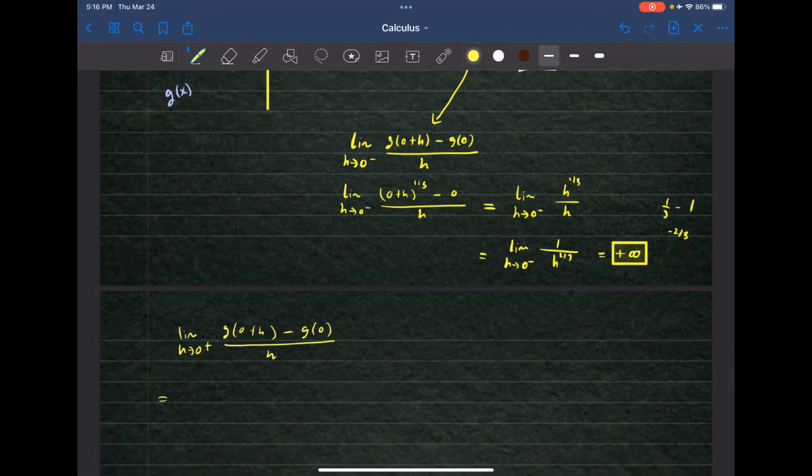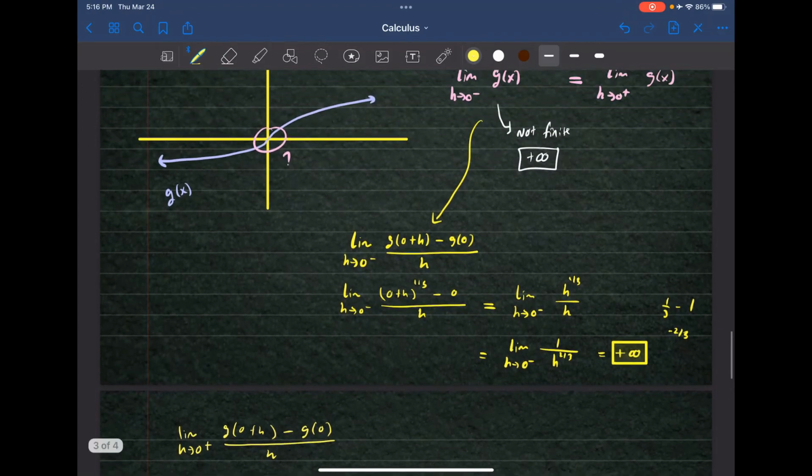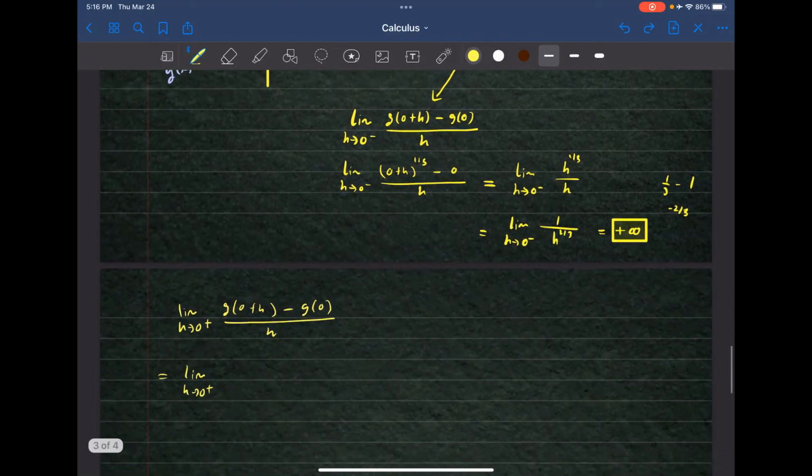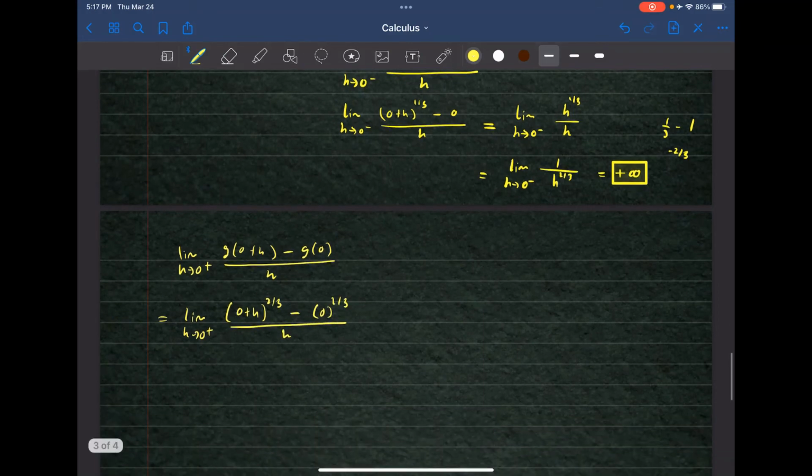We're using from the right, so that's going to be this function right here. So we're approaching from the right, we'll be using x to the 2/3 as our function g of x. So we have 0 plus h to the 2/3 minus 0 to the 2/3 all over h.